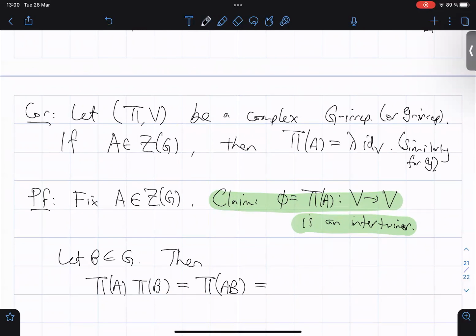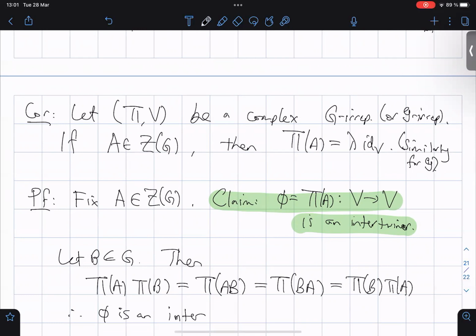But A commutes with everything in G, so I can rewrite this as pi BA. Use the homomorphism condition again, so that's pi of B pi of A. So we just verified that phi is an intertwiner.